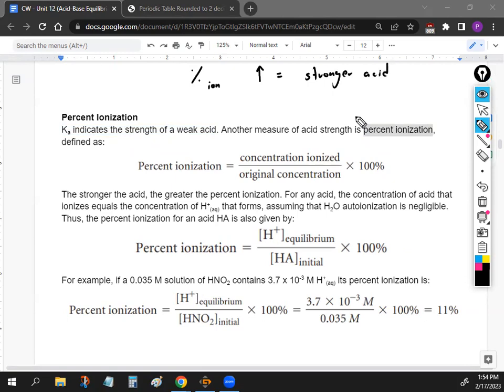So the higher the percent ionization, the stronger the acid, and obviously the reverse is true as well. The lower the percent ionization, the weaker the acid is.